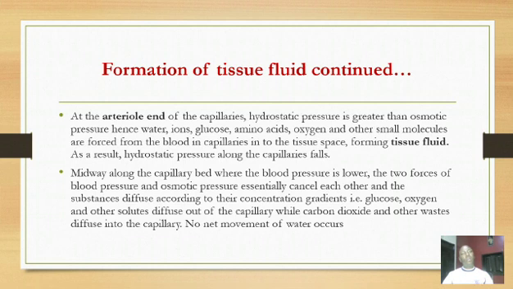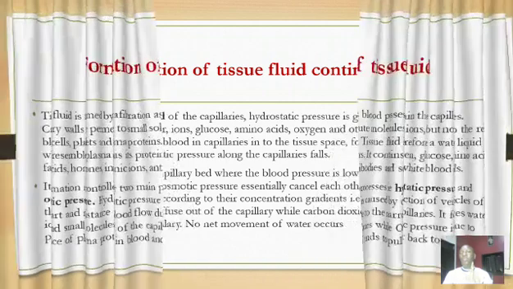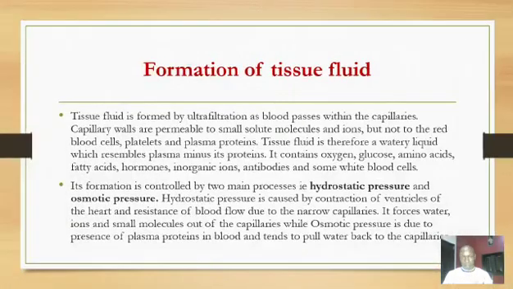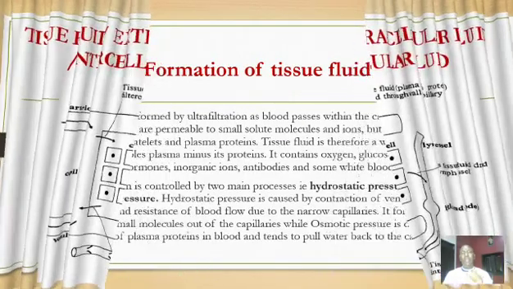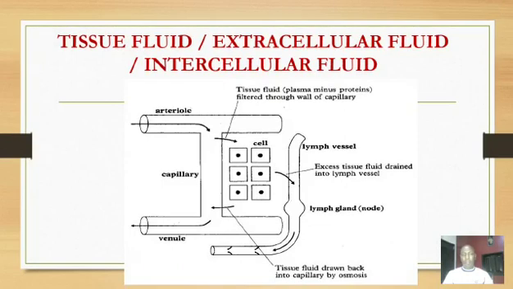So in the middle of the capillaries, due to osmotic pressure balancing with hydrostatic pressure, materials diffuse from blood into the tissue fluid, while wastes like carbon dioxide diffuse from the tissue fluid back to the blood. At that point we said no net movement of water occurs. That is in the middle of the capillary.